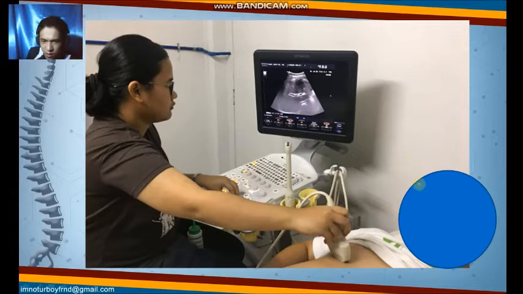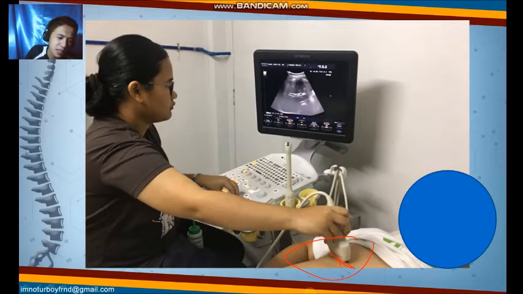So if ever we scan the patient, for example in this image, this image will be presented as a slice. So that means this is the liver of the patient that is being scanned. So it's almost like a transverse image.